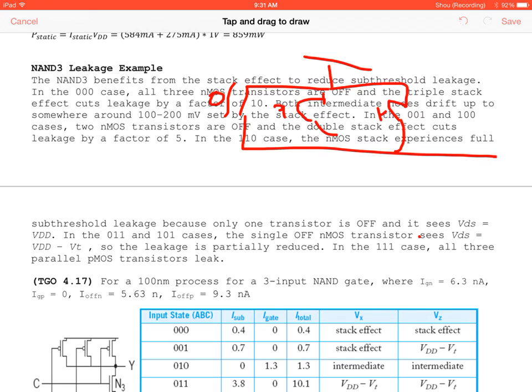That all goes to the output. And then for the stack effect, we have 1, 2, 3 NMOS transistors in series. So we're really getting this stack effect here. So this is a good example. We're going to be comparing subthreshold current and total current and how this actually applies for a 100 nanometer process.